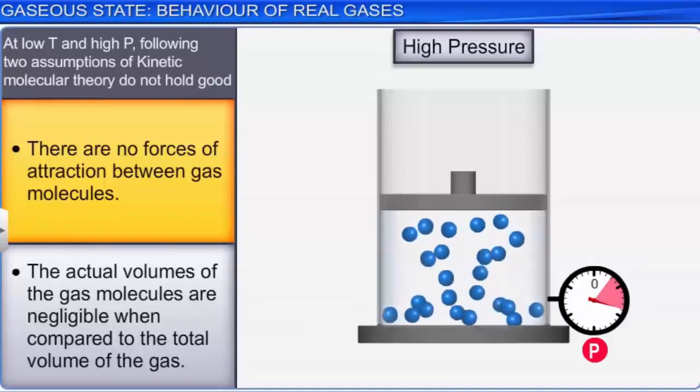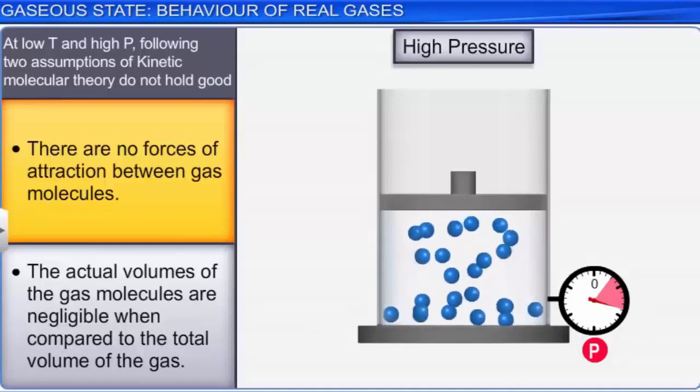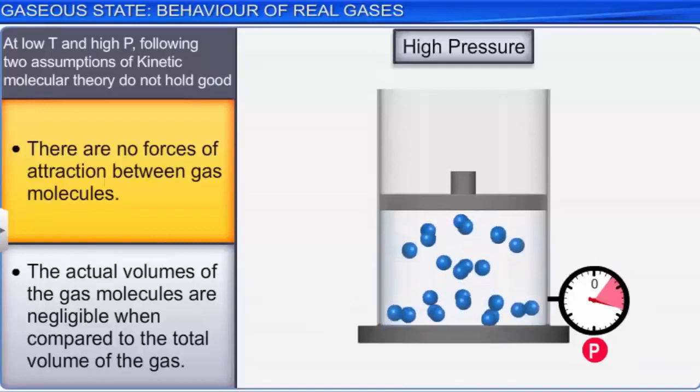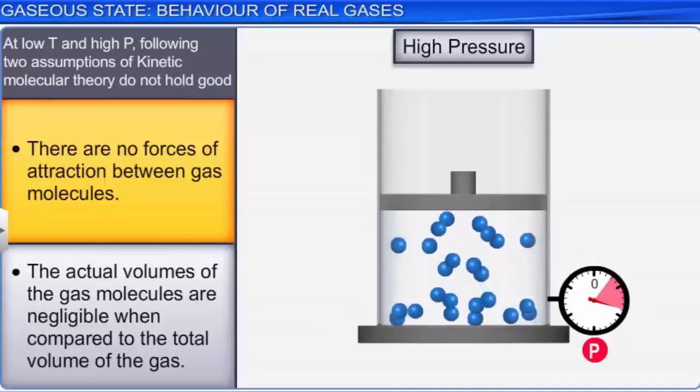These molecules then do not exert full impact on the walls of the container as they are dragged back by the attractive force of other gas molecules. Hence, the molecules strike the walls of the container with reduced velocity.